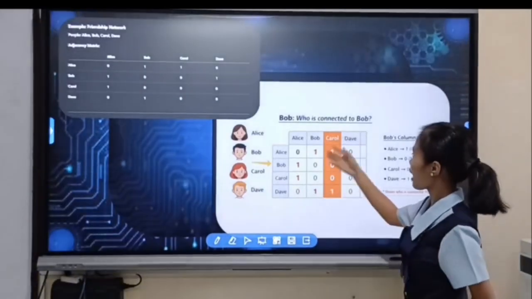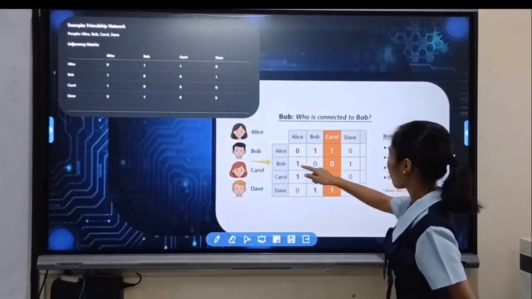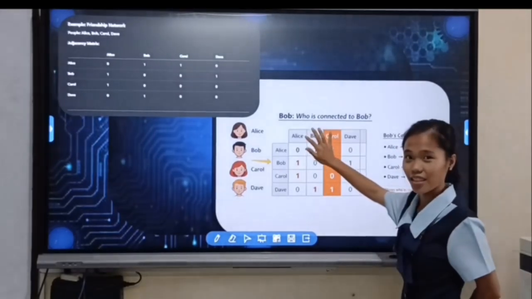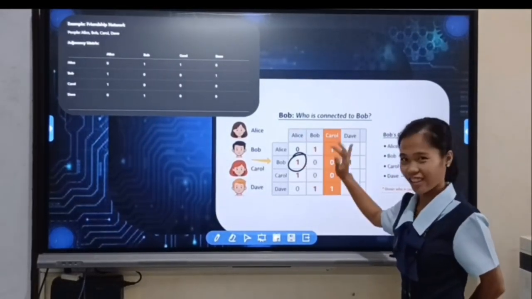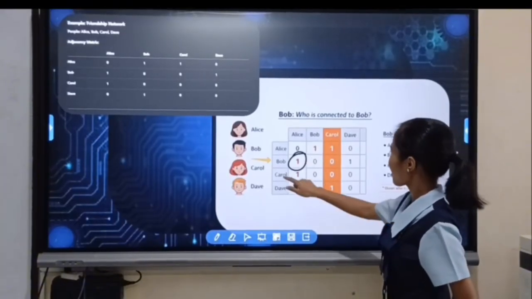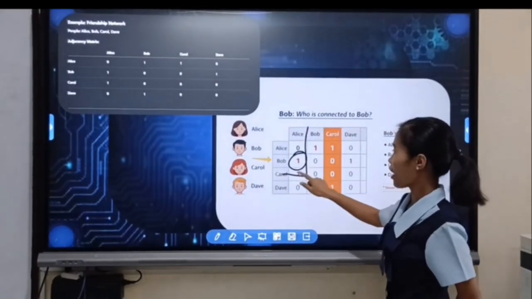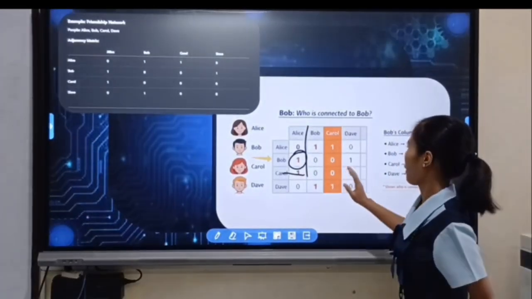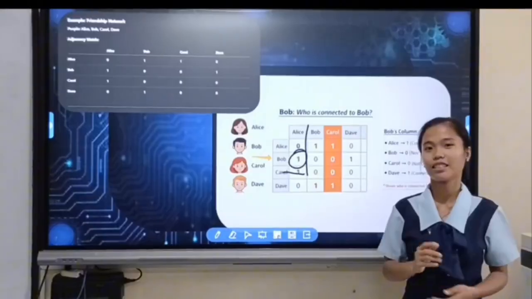Here we see Bob, which has one connection with Alice, and that is their relationship or their edge. And next, Carol and Alice also have one relationship. And that is a simple explanation about the adjacency matrix.